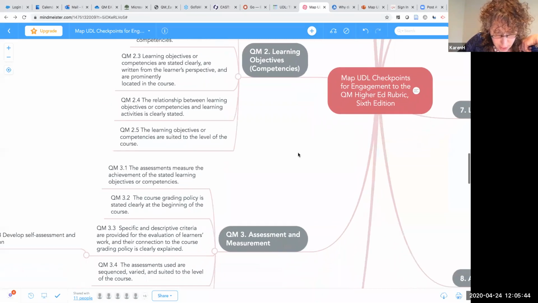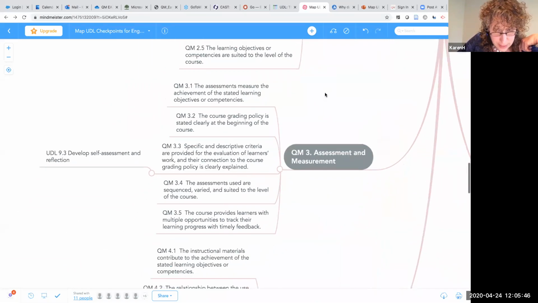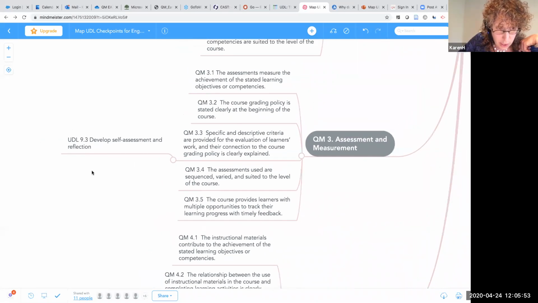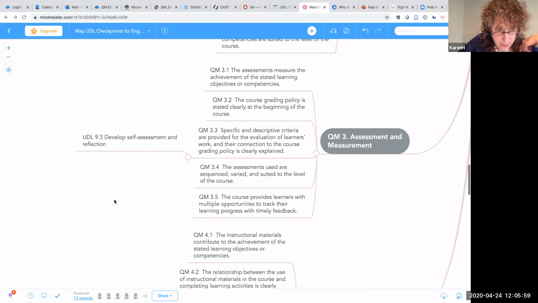And the other piece that I had in mind is, if you are motivated to do so, beyond aligning these UDL checkpoints to QM specific standards, the next level would be to actually think of and propose ways that you could implement these Universal Design for Learning checkpoints.